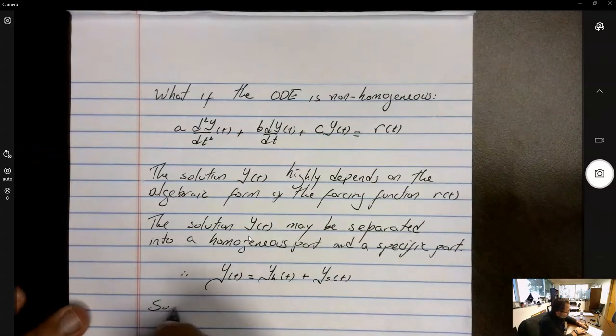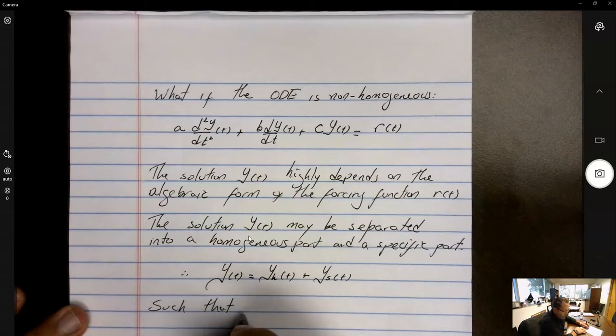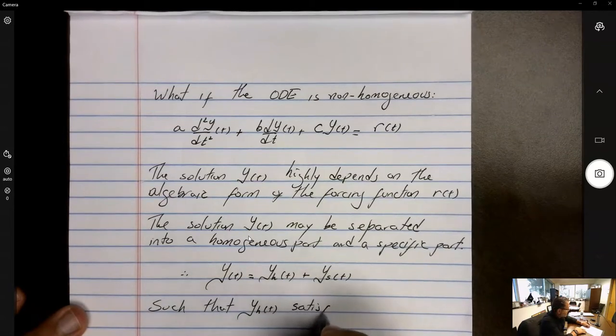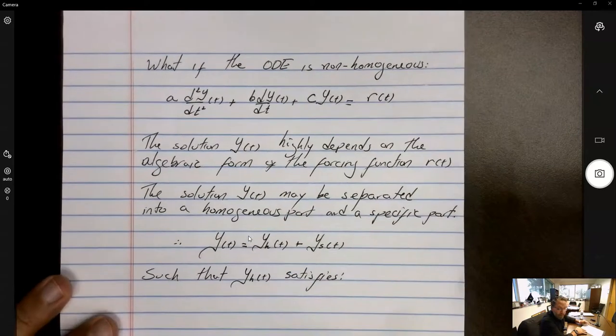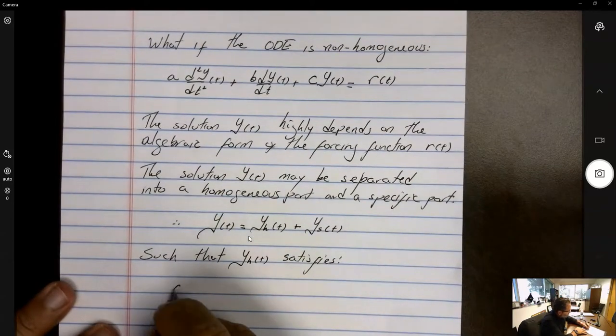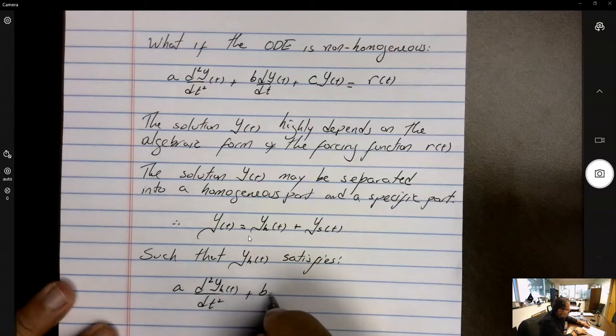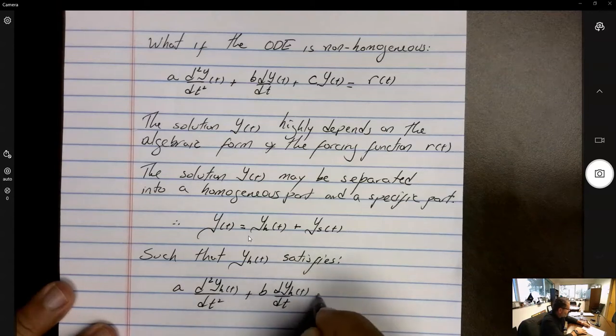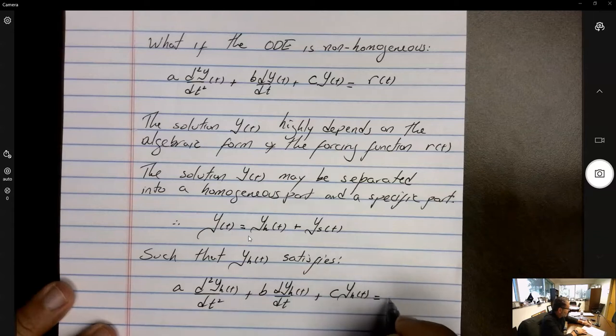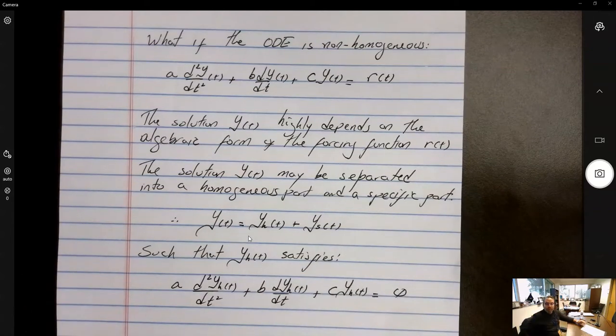So such that yh of t satisfies the homogeneous version of the equation, which is simply this. So we solve that equation, which we know how to solve perfectly.